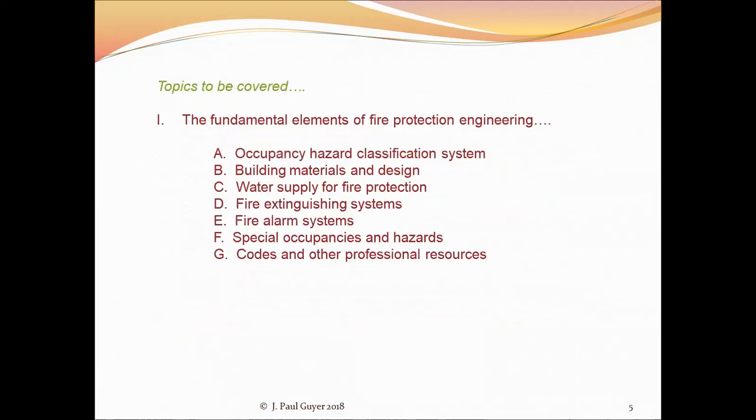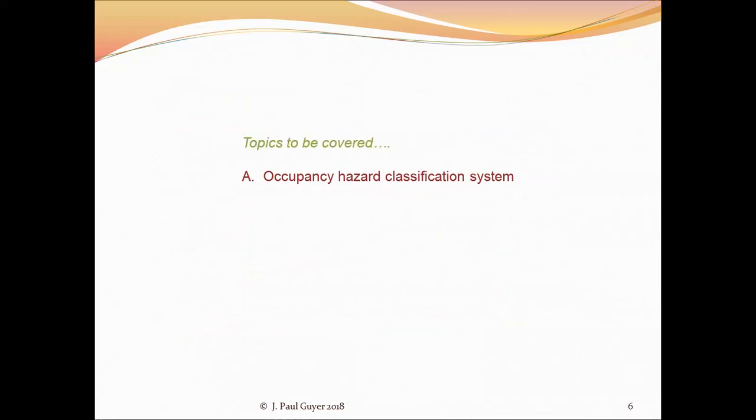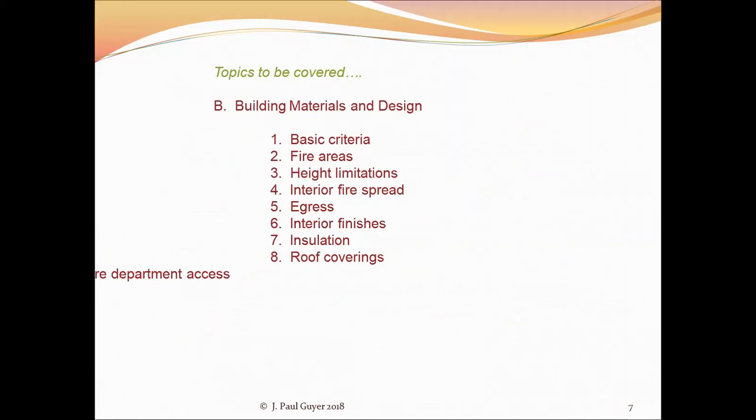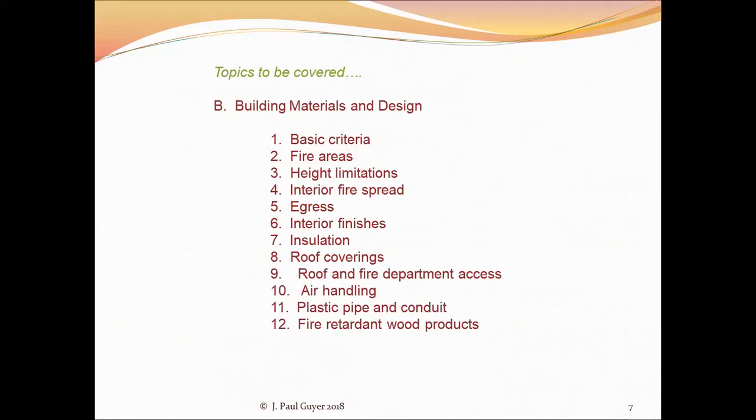So this is how I'll run through things, the elements of fire protection engineering. The hazard classification system: for different hazards in a building, there are different things that are required, like fire areas.